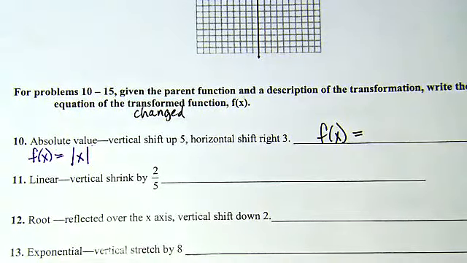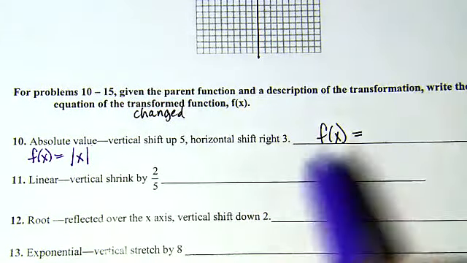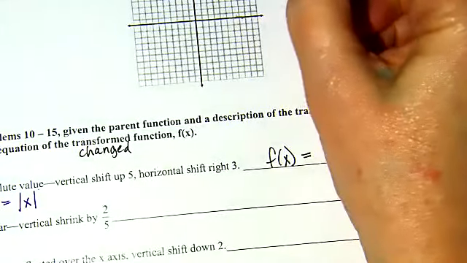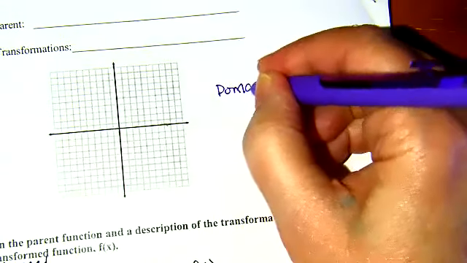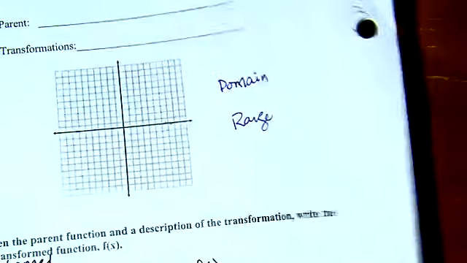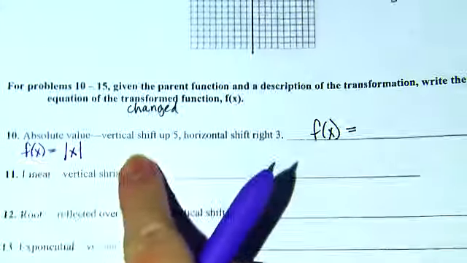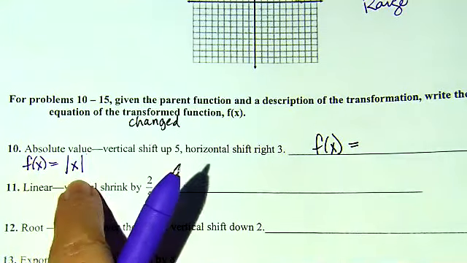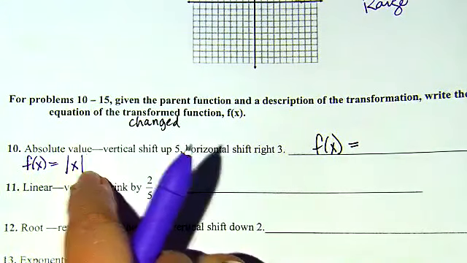Mostly today, you're just finishing things that are posted under Tuesday, but we're just adding this layer of domain and range. And I'm just going to give you some pointers on this one. So we've got the starting point for absolute value. We need to put the x in the bars.